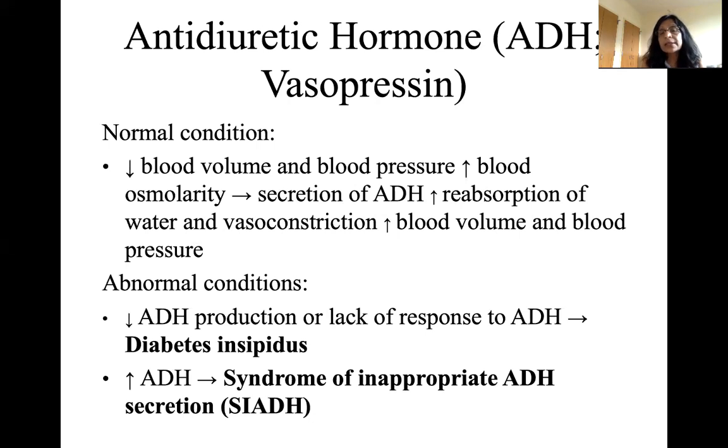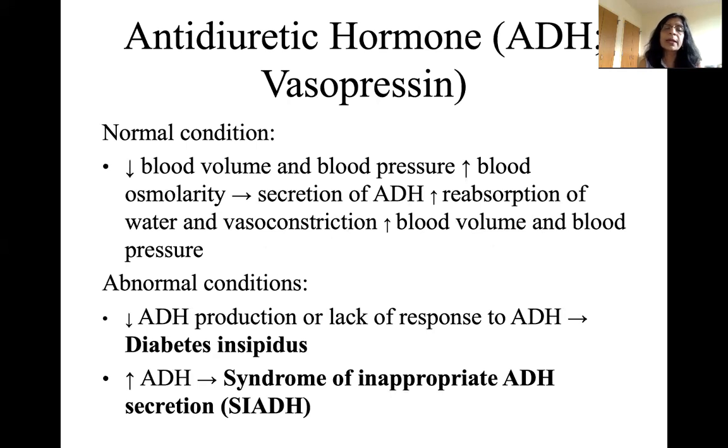These tubular cells would now be able to bring more water from the filtrate back into the system. So reabsorption of water increases in the presence of ADH. And ADH also causes vasoconstriction, and that is how we can reverse the situation that is increased blood volume and increased blood pressure. Now that's all normal.